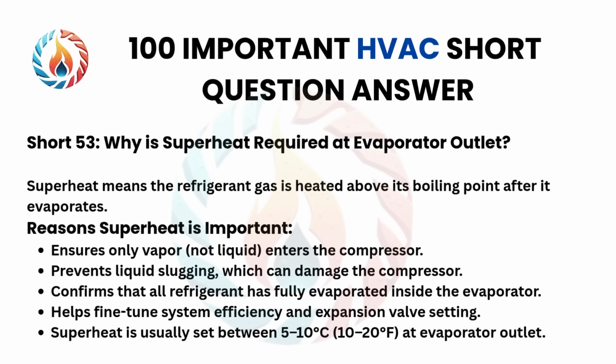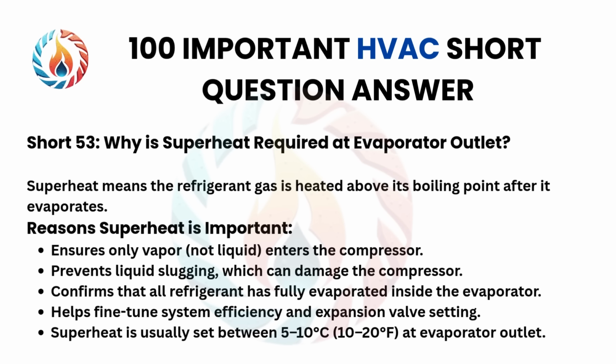Short 53. Why is superheat required at evaporator outlet? Superheat means the refrigerant gas is heated above its boiling point after it evaporates. Reasons superheat is important: ensures only vapor, not liquid, enters the compressor.